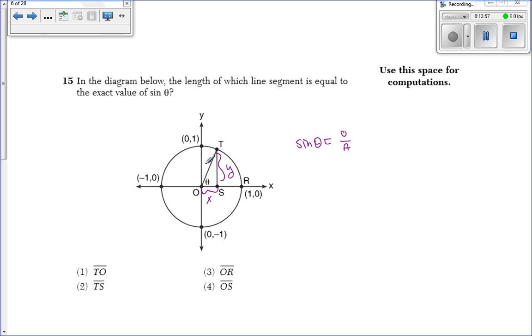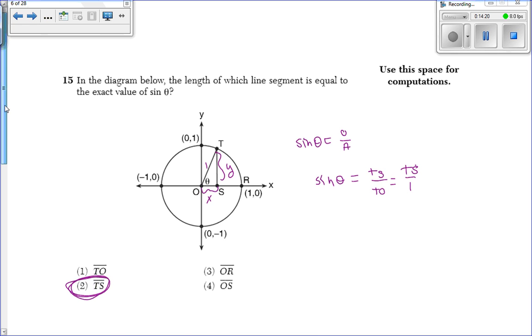My hypotenuse is 1, so sine theta is equal to segment TS over my hypotenuse, which is TO, and in this case, TO is 1, so it's TS over 1, which is choice 2. Or just the fact that that's the y distance, and that's what we talked about in class.